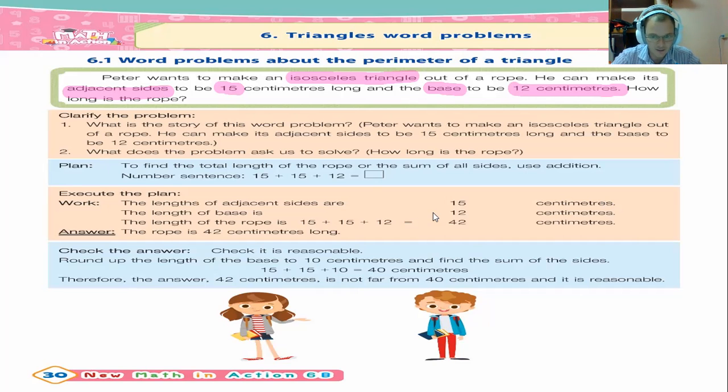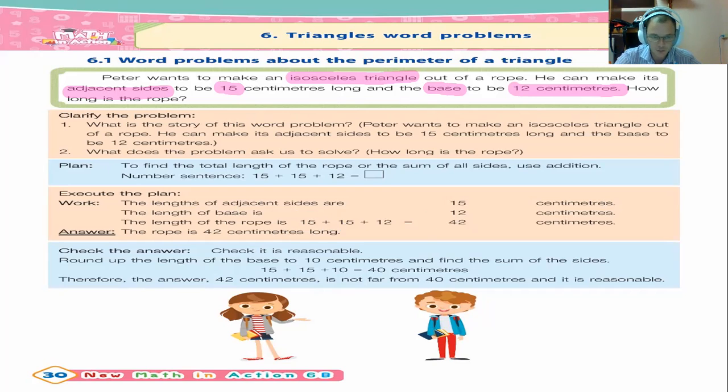So if we look at it, the length of the adjacent sides are 15 centimeters, the base is 12. So it's 15 plus 15 plus 12 equals 42 centimeters. So the answer will also have to be in word format, and we'll say the rope is 42 centimeters long.